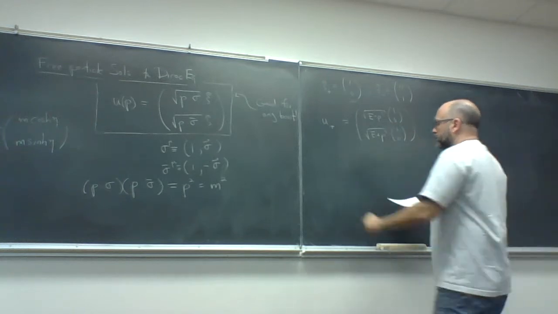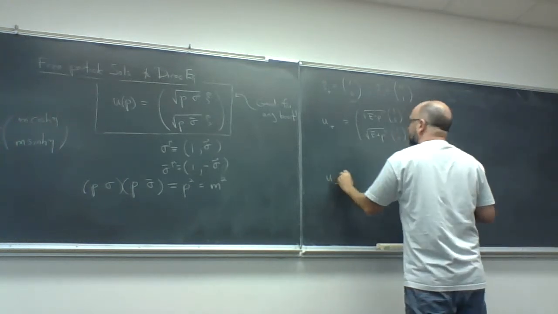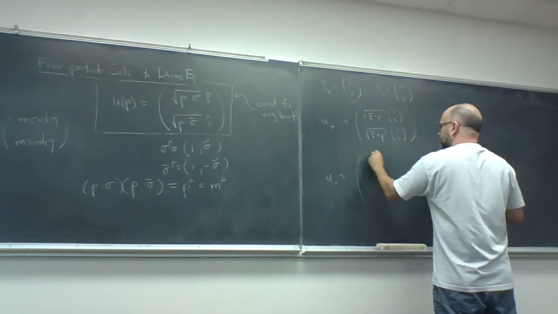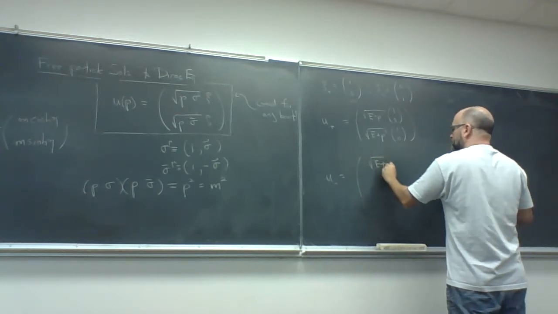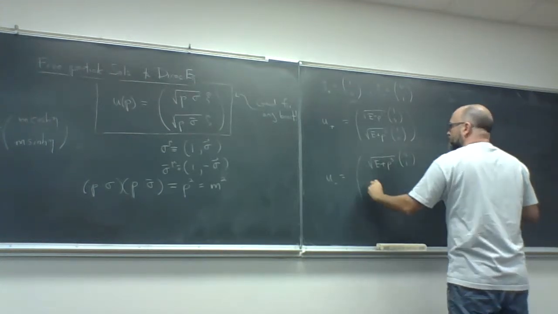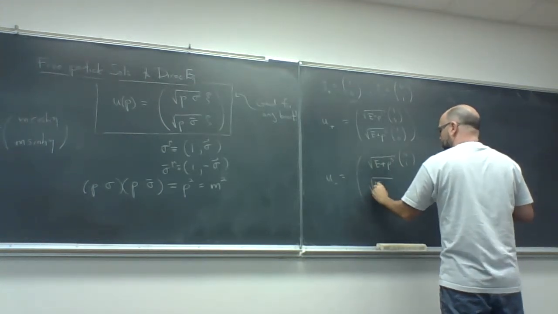Okay. Likewise, for the spin down case, I get square root E plus P3 up here, 0, 1, square root E minus P3.